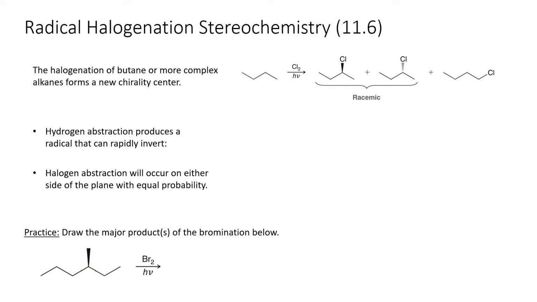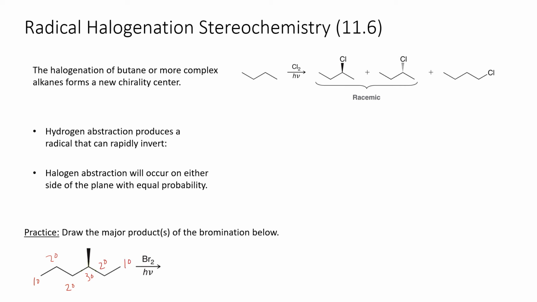So we see here, we already have a chiral center. So in this case, we're still going to get a racemic mixture because it is going through that trigonal planar species. So remember, halogenation can occur on the top or the bottom side. So when we're looking at this, again, we have a primary, secondary, secondary. This would be a tertiary, secondary, primary.